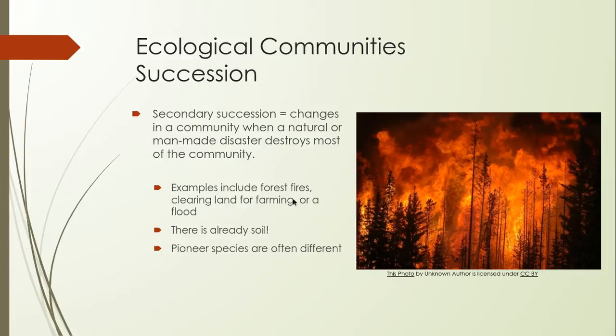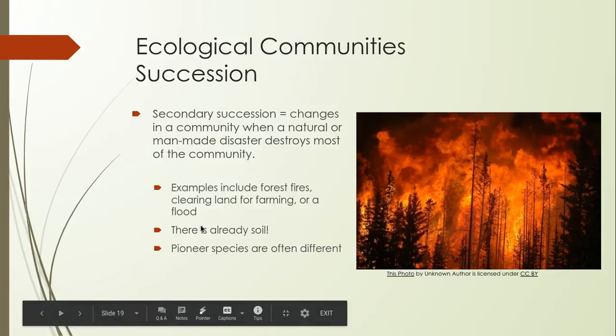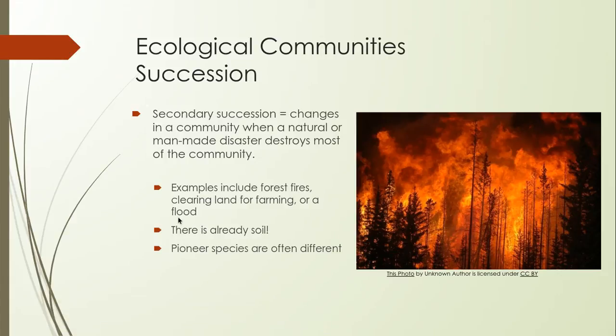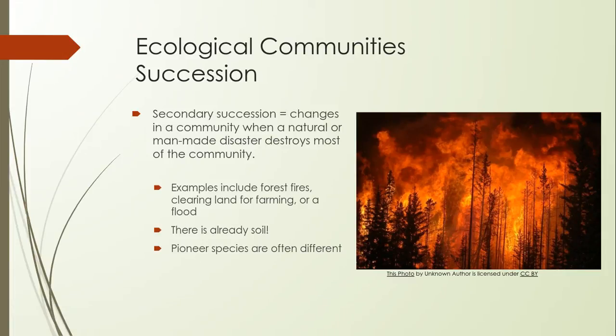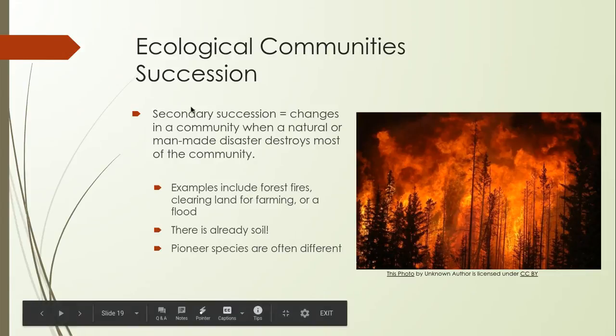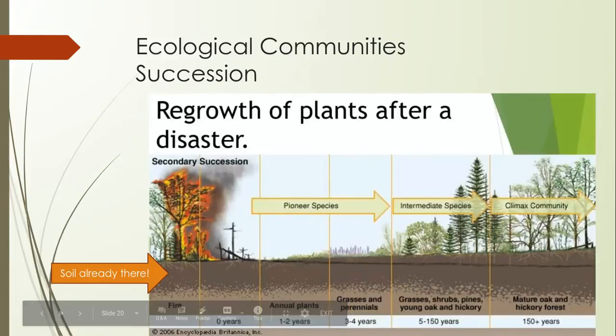So if we've got a farm that has undergone a wildfire, and all the crops and trees burnt down, but the soil still remains, well, at that point, the succession that will occur as that ecosystem redevelops is going to be secondary, because there's already soil. The pioneer species might be a little bit different than we would find in primary. But the main difference between these two is that primary starts with no soil and secondary starts where there already is soil.